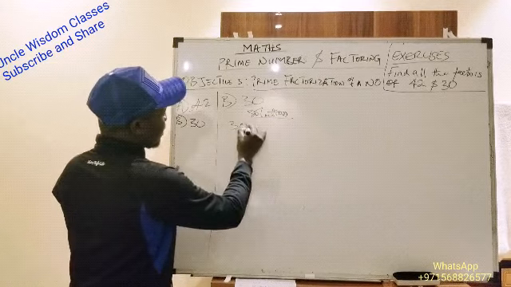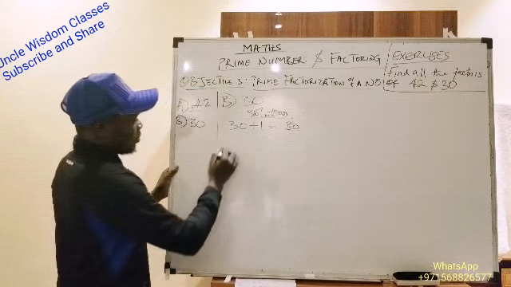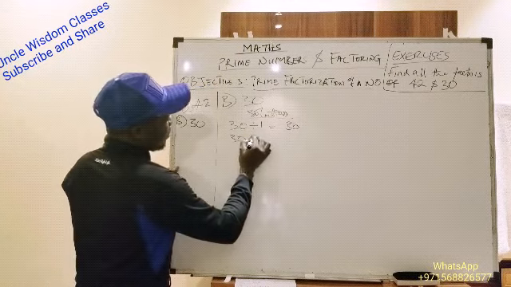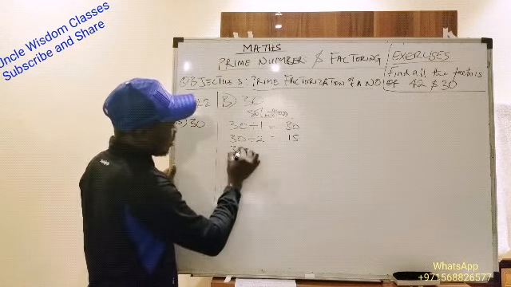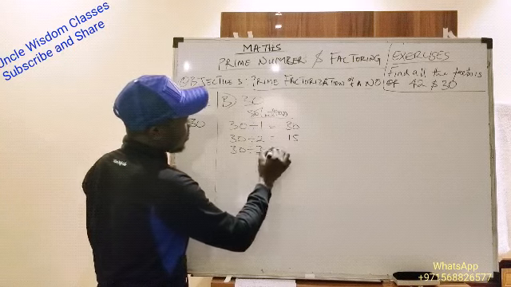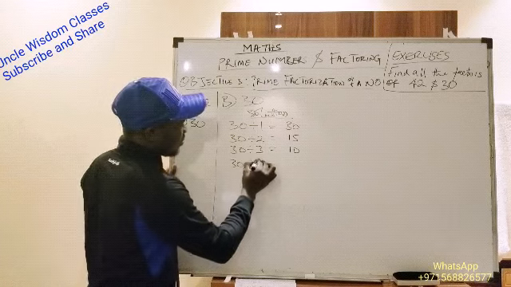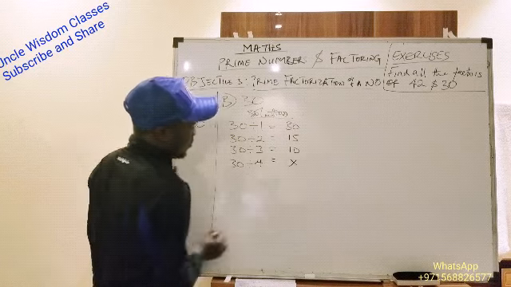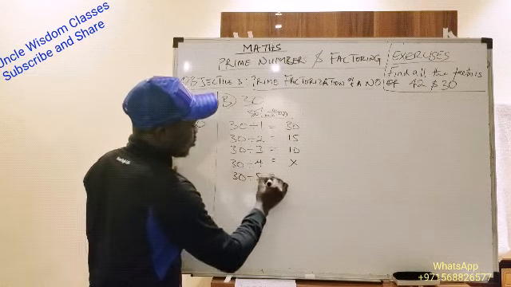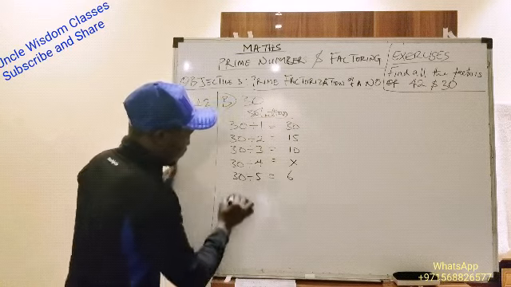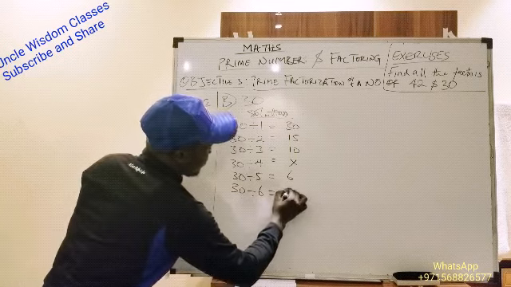We start. 30 divided by 1 will give us 30. 30 divided by 2 will give us 15. 30 divided by 3 will give us 10. 30 divided by 4 cannot go. 30 divided by 5 will give us 6. 30 divided by 6 will give us 5.